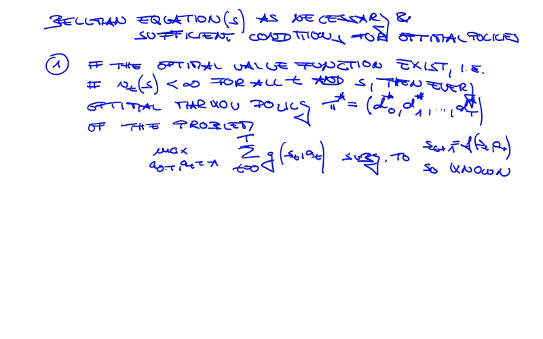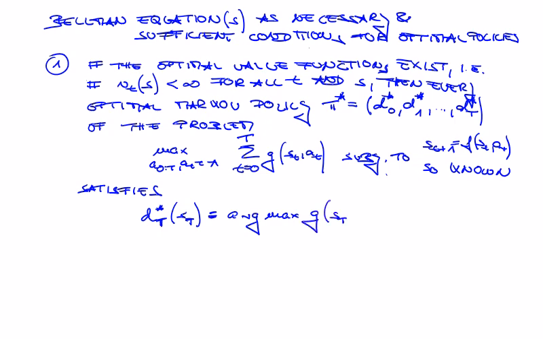So if the optimal value functions exist, then every optimal policy of the problem satisfies, and now we get somewhere, that the optimal decision function at the last time point T, for the value s_T, is the maximizing argument of g(s_T, a_T).